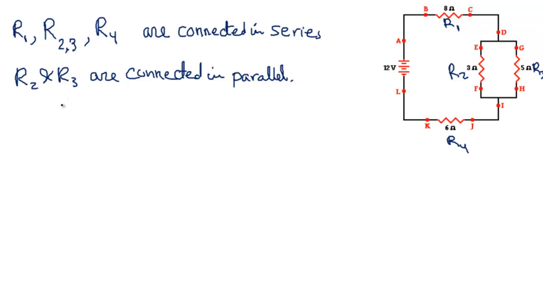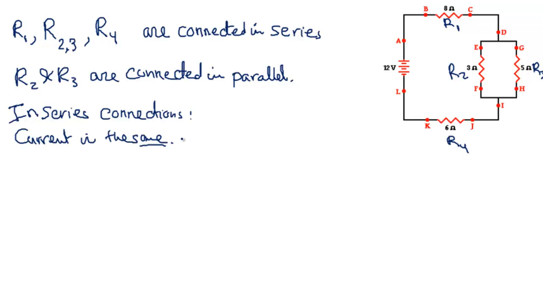The second thing you should know is how the current and the voltage are distributed through series connections and parallel connections. Let me remind you that in series connections, current is the same while voltage is distributed. So what does that mean here?